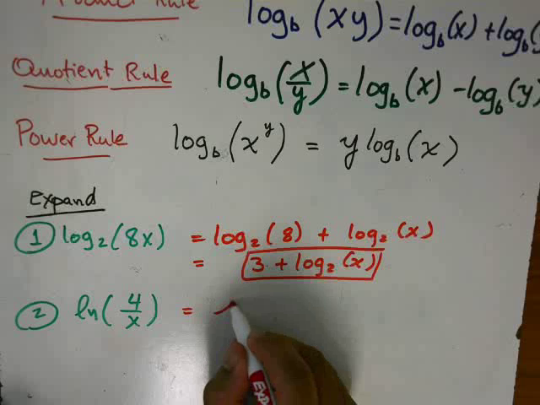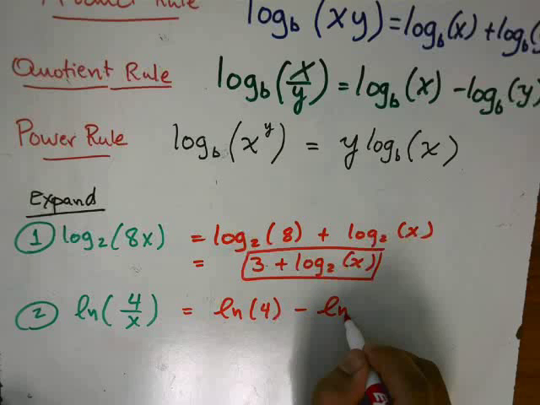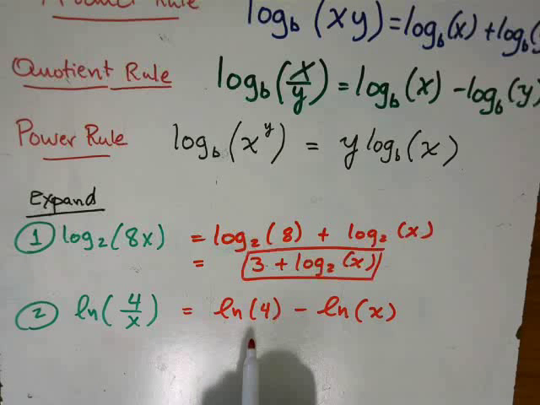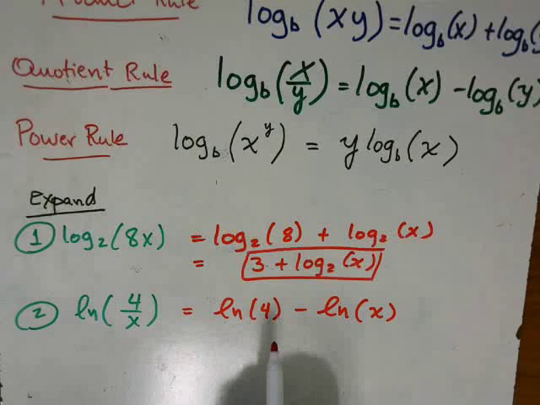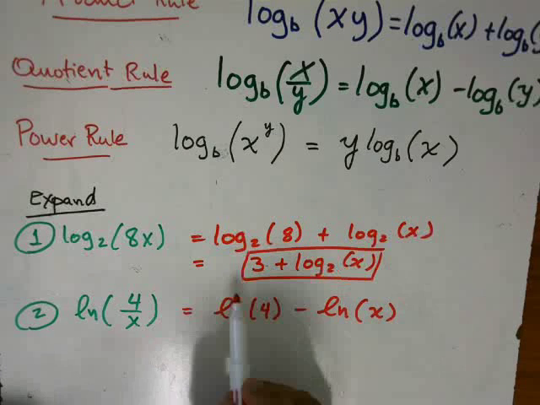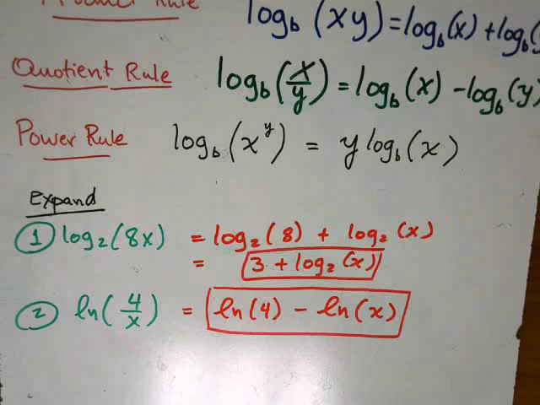So this becomes the natural log of 4 minus the natural log of x. The natural log of 4 is some constant. I'm not going to write it in here because it's just going to be a very ugly looking number, and subtract the natural log of x. So this is about as simple as we can simplify it. Okay.